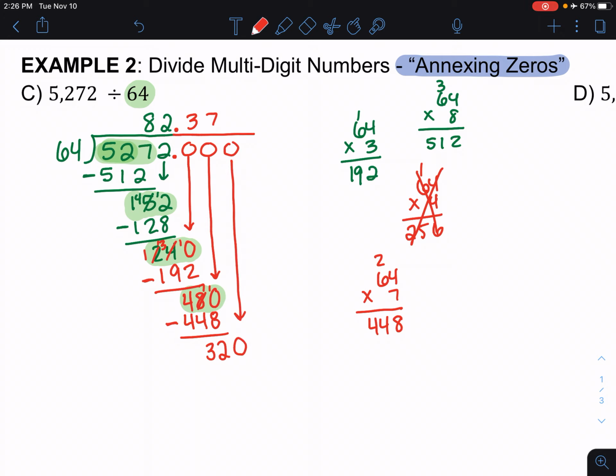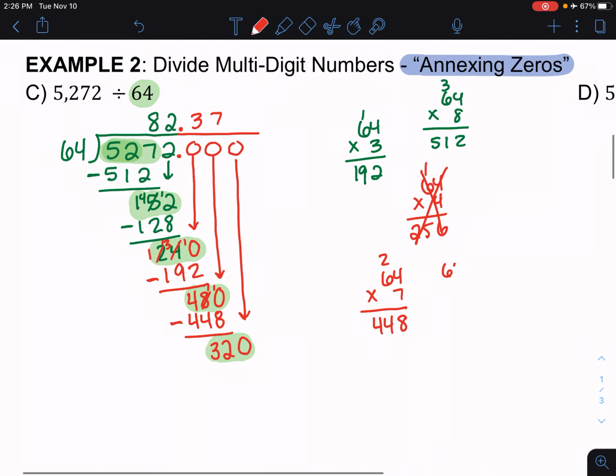So I want to know how many times 64 goes into 320. Well, I know that 64 times 4 is 256, so let's try 64 times 5. 5 times 4 is 20, and I'm going to carry the 2. 5 times 6 is 30, plus 2 is going to be 320. Look at that.